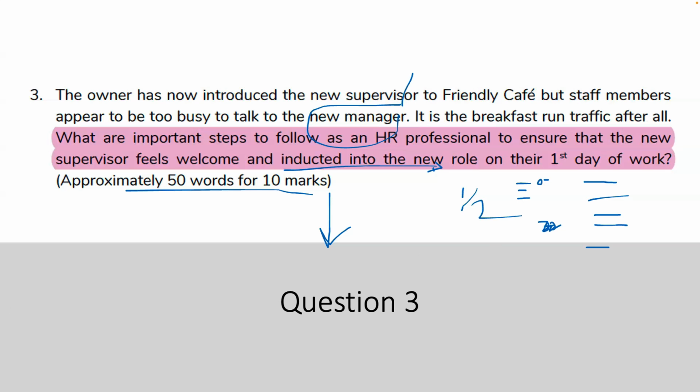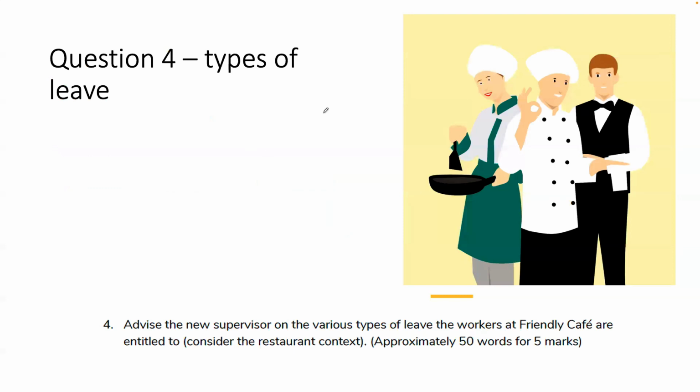So now let's move on to question 4. The 4 types of leave. Again, a very simple question. It comes straight from the textbook. And again, this is about making sure that you understand the restaurant context.